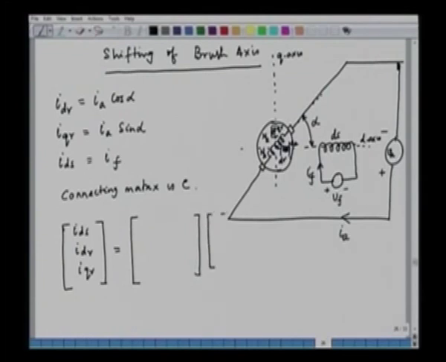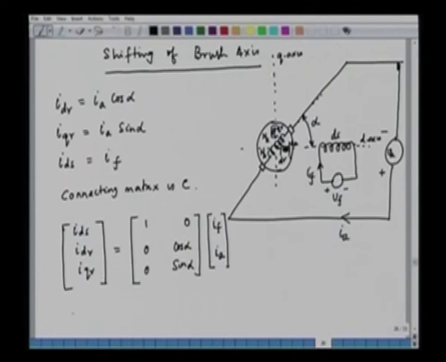is equal to this, with IF the field current and IA the armature current, and this matrix is 1 0 because IDS is equal to IF, and then IDR is equal to IA cos alpha. So, this is 0 cos alpha, and IQR is equal to IA sin alpha. So, this is 0 and sin alpha.